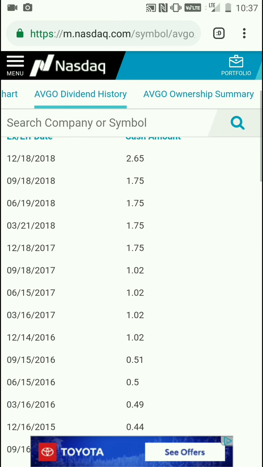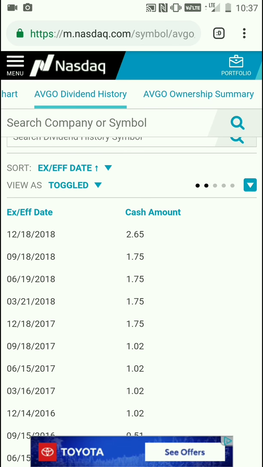Currently they made a huge jump: we see $1.75 in 2018, and in December they just increased it to $2.65 per share, which is great. Right now it has a 25% payout ratio, and there's a lot more room to grow. So my first reason, low PE.